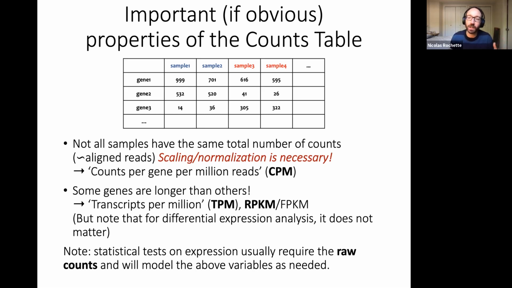So a sample that has a lot fewer reads is going to have a lot higher variance in the expression measures for this or that gene. So usually statistical tests require the raw counts, but really in terms of what we're testing, the difference in proportion.